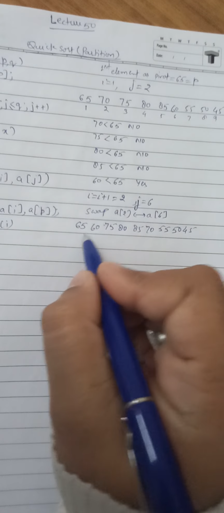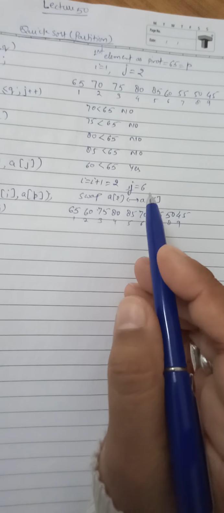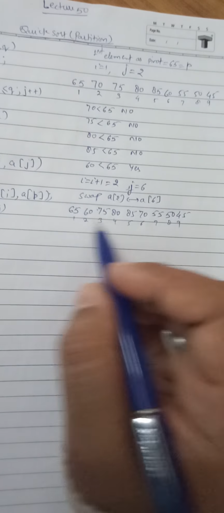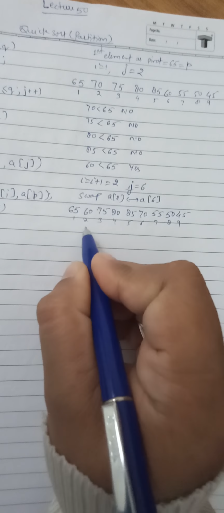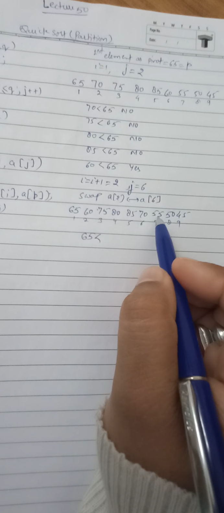So now what is the index? 2, 3, 4, 5, 6, 7, 8, 9. So jth value is 6, so we start from 7th. Comparing 65 is less than what is on 7th position? 55.